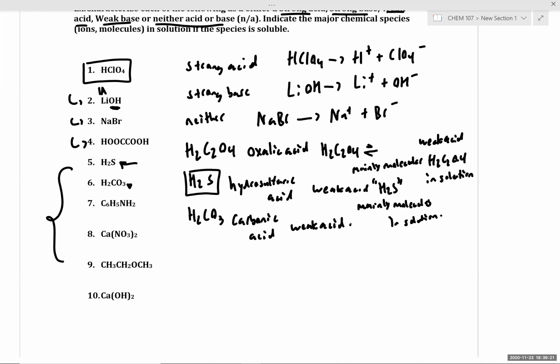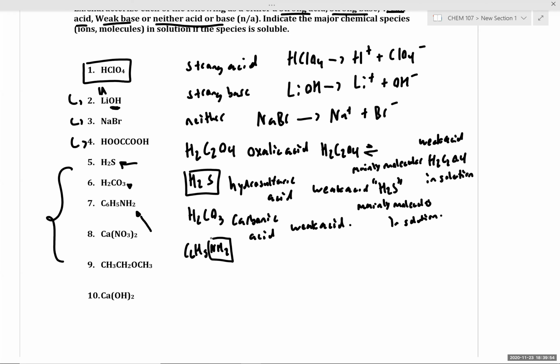Okay, let's look at this next compound. What key signpost, what key feature of this molecule stands out to us? C6H5NH2. What does this NH2 or amine functionality tell us? Are we dealing with an acid or a base?